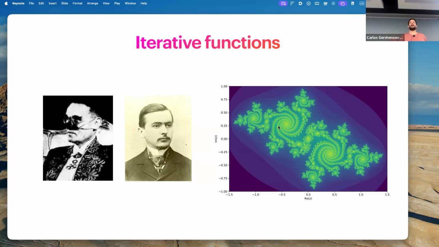They're constructed by iterating complex functions. On the complex plane, you have real numbers and imaginary numbers, and then you iterate functions like a number to its square power, and then you see how long it takes to go out of a certain radius. Depending on how many iterations it takes to go out of the radius, you draw it in a different color. And this gives us this type of pattern.